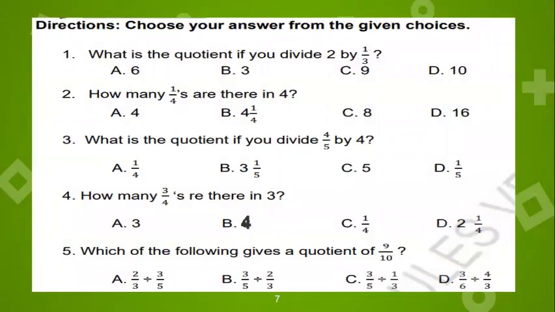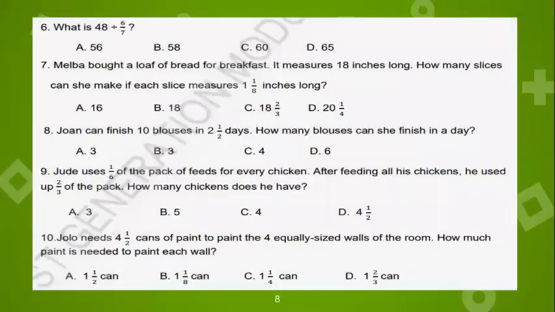Just simply write the letter of the correct answer in your activity notebook. Okay, done with 1 to 5. We'll proceed to 6 to 10. Take your time in solving.